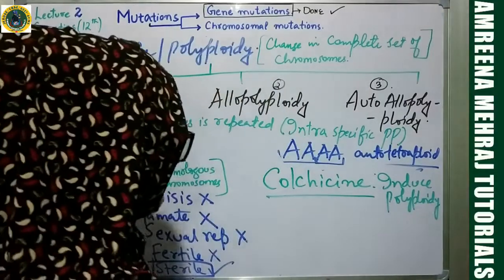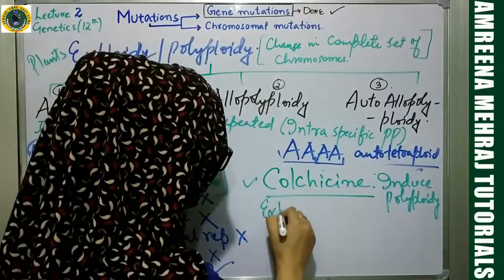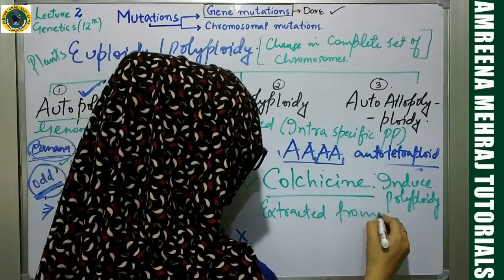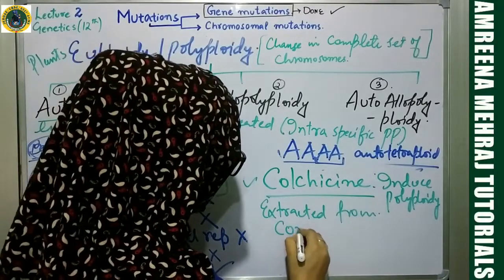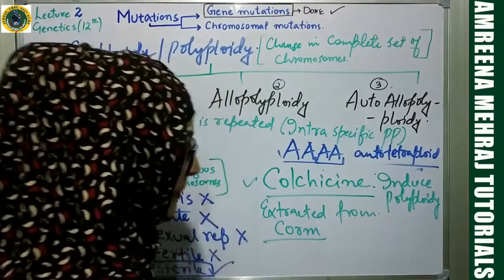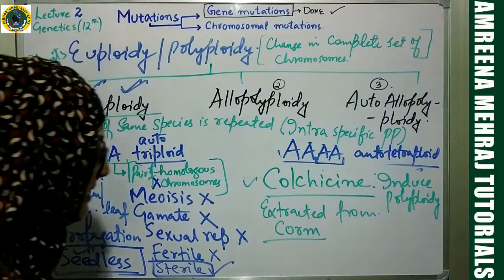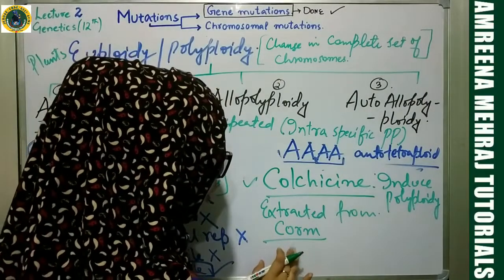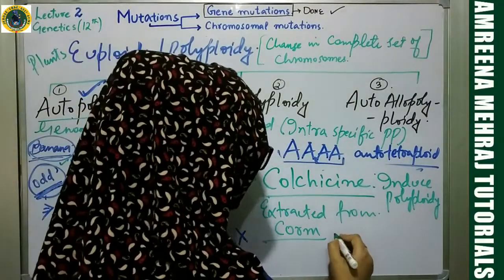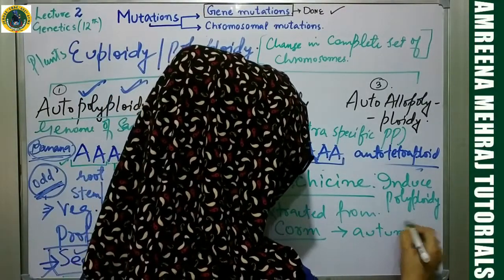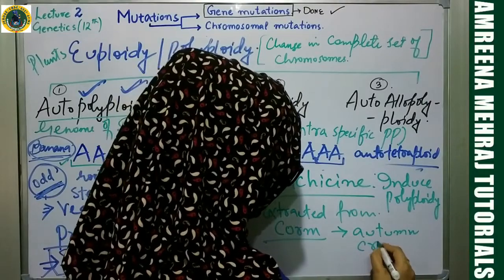It's a chemical which is extracted from a part which is called corm. I hope you remember this from class 11. You have different modifications of plants. So it's extracted from the corm of which plant? The corm of autumn crocus.